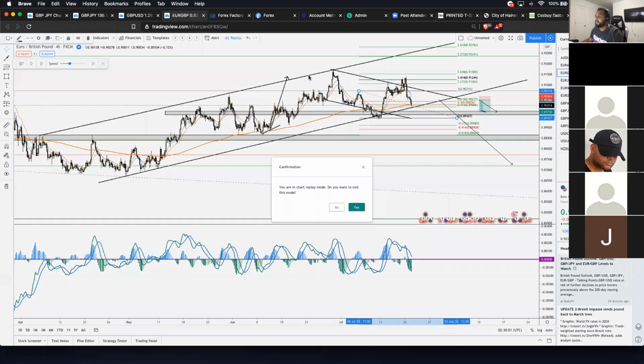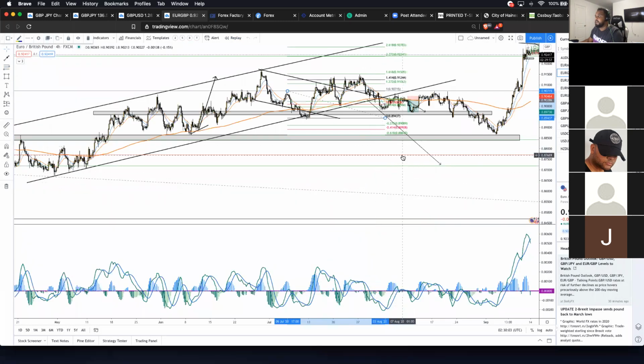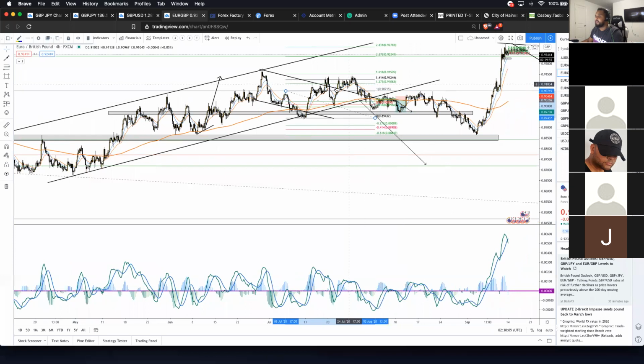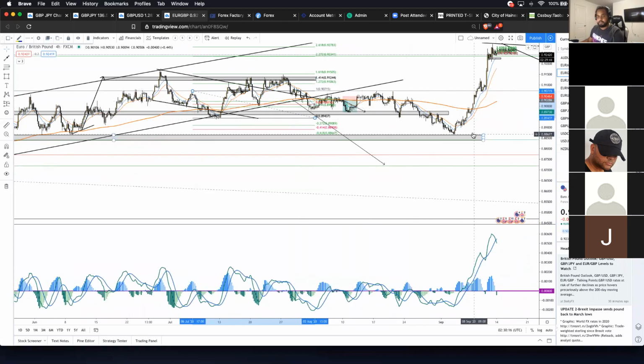Here is the market making its move. And here it is. The market actually bounced off the 50, rejected what? Resistance at the 1.414, and came back down and broke the support.